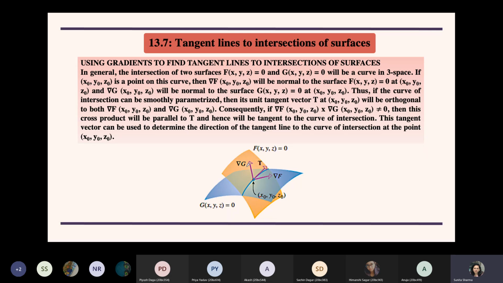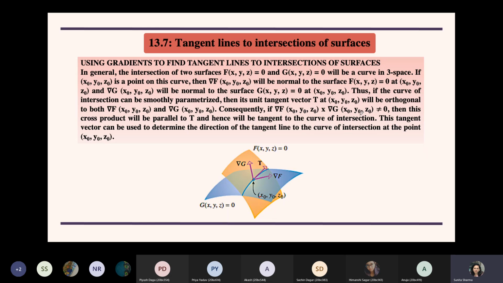Again this curve is lying on the surface g, passing through this point, and at this point I'm drawing the tangent line. This tangent line is going to be orthogonal to the gradient. So I will have the tangent line orthogonal to both these gradients, and I will now use the concept of cross product. When you find the cross product of two vectors, you get a third vector which is orthogonal to both these vectors.